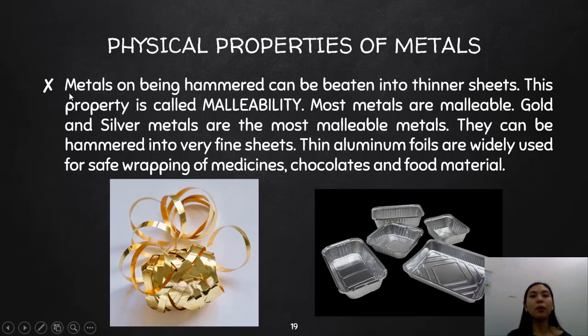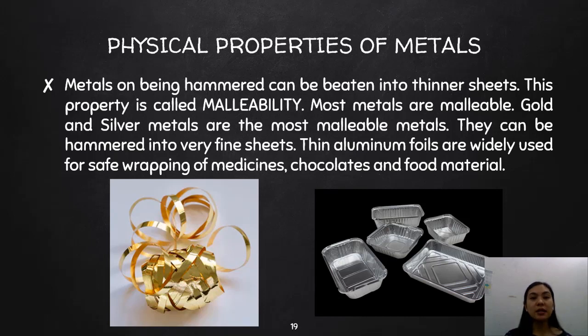So another physical property is that metals on being hammered can be beaten into thinner sheets. This property is called malleability. So when we say the capability of metals to be hammered into very thin sheets, this property is called your malleability, meaning they are malleable.